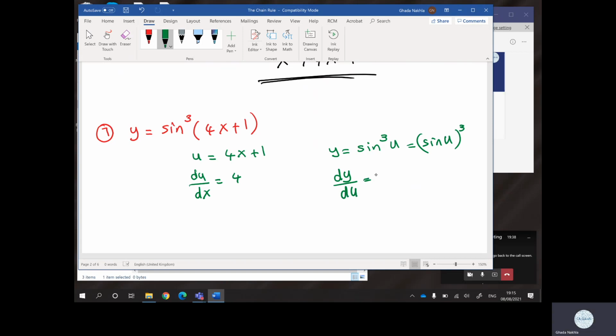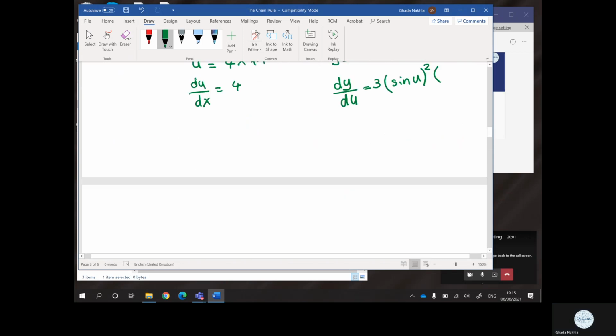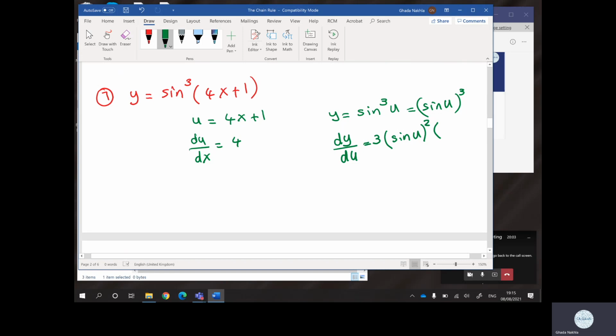So I'm going to drop the power, sine u, when I drop the 3 it becomes a 2, decrease the power, and then multiply by the derivative of what's inside the bracket, and the derivative of sine is cos. So sine u differentiates into cos u.